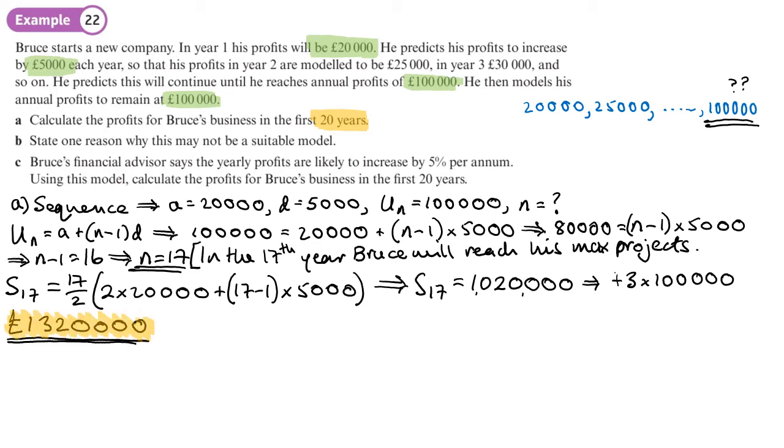Part B, state one reason it may not be a suitable model. Well, we could say things like it's assuming that his profit's always going to be the same. That may not be the case. I'll just put part B here: assumes profits always increase by the same amount.